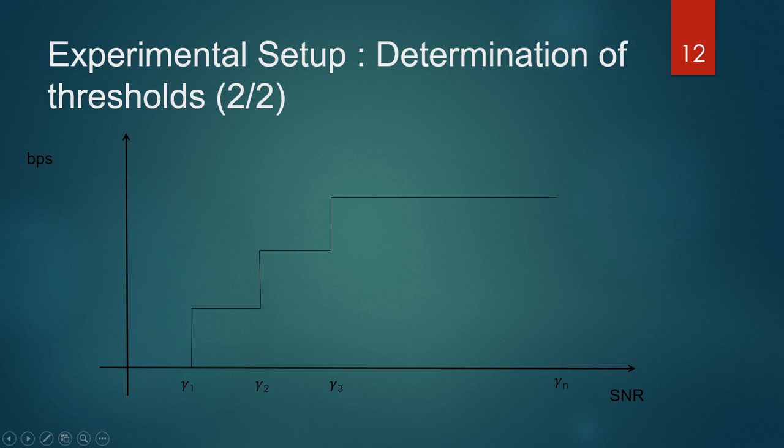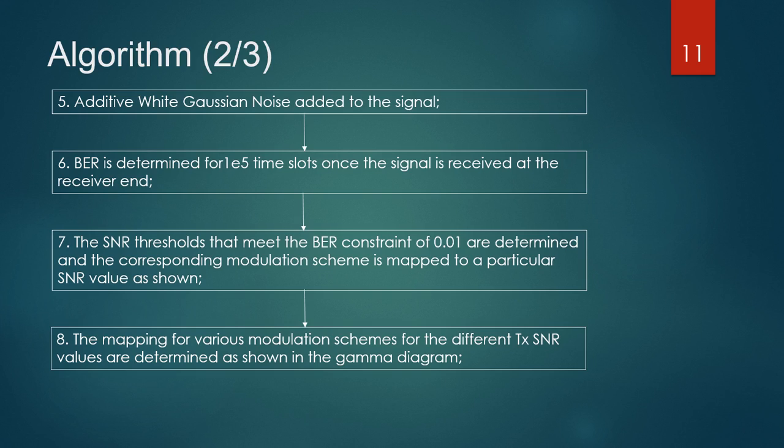If it is between gamma 2 and gamma 3, then QPSK could be employed. Between gamma 3 and gamma 4, an 8 QAM scheme can be employed. In this way it keeps increasing, and this also shows that the number of bits per symbol are increased. So if we transmit at a particular modulation rate, we are guaranteed of the packet passing, and hence this would maximize our throughput.